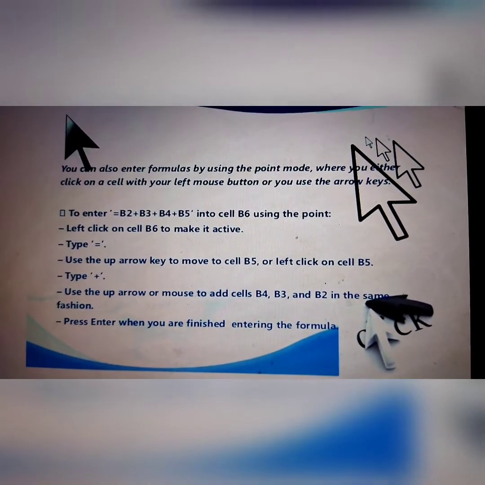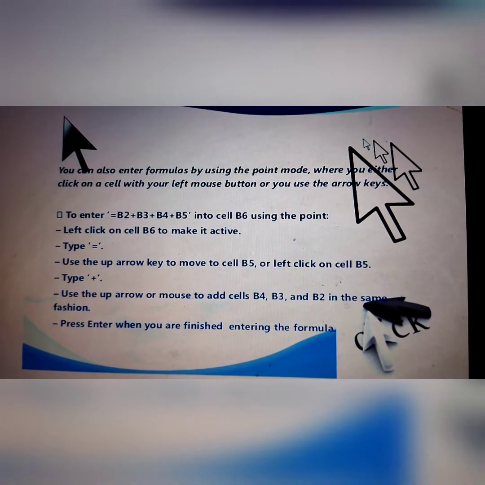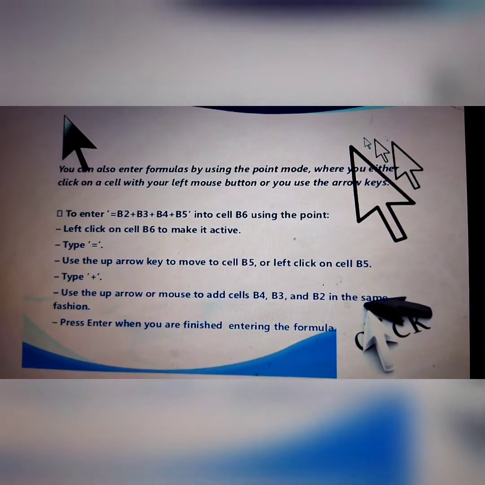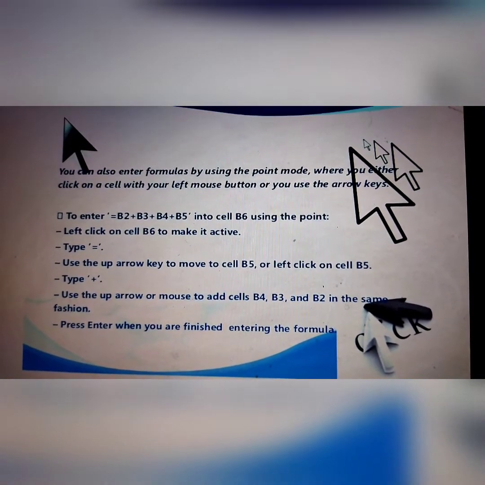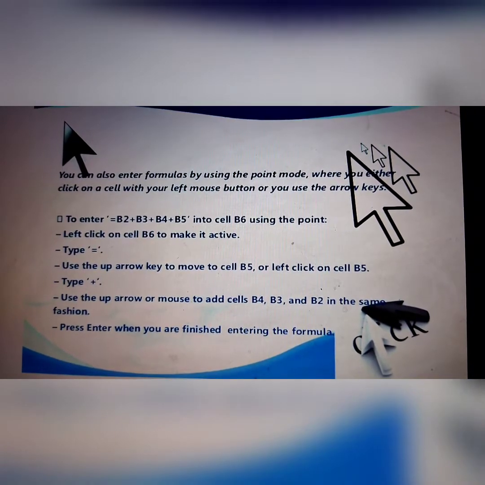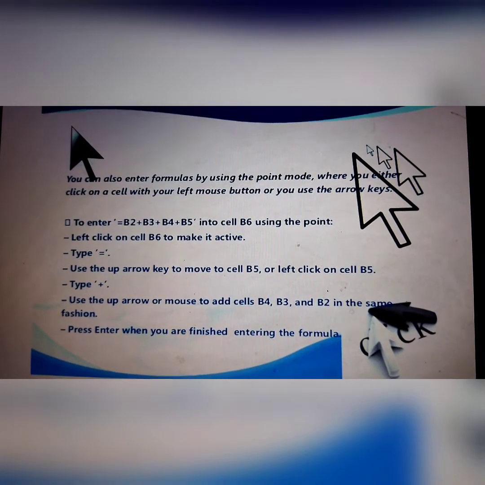Use the up arrow key to move to cell B5, or left click on cell B5. Then type plus. Use the up arrow or mouse to add cells B4, B3 and B2 in the same fashion. Press Enter when you are finished entering the formula.